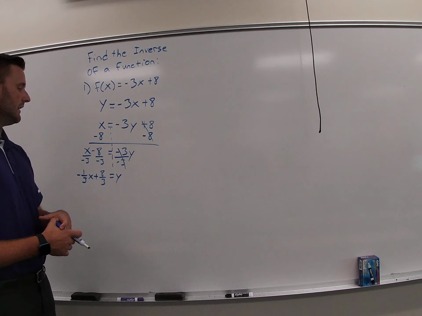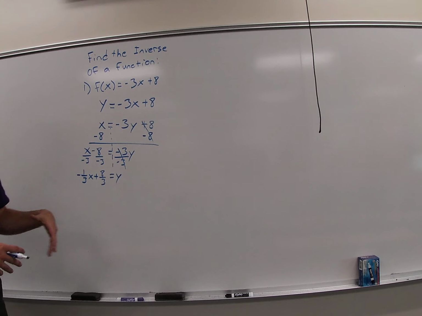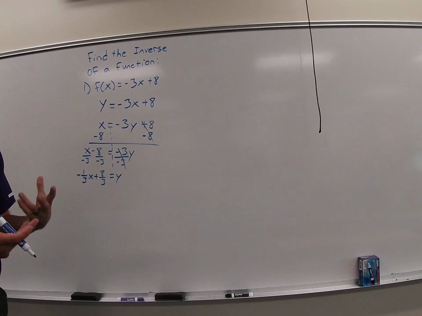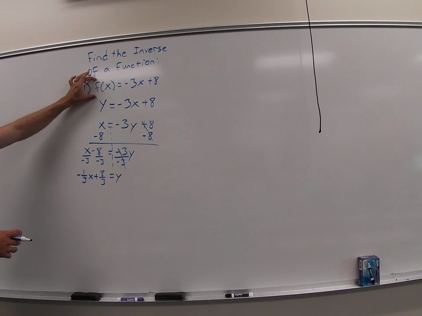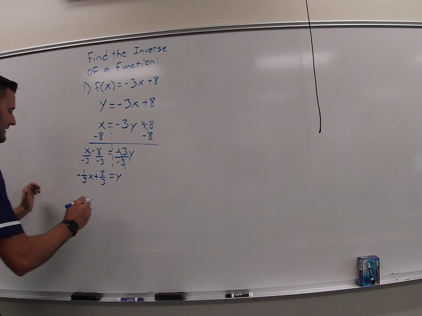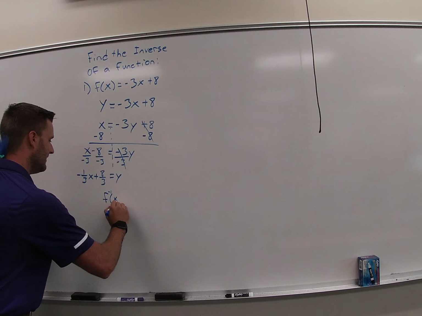But from here, how do I know the difference between my original and my inverse? So the notation that we're going to use looks like an exponent, but it isn't. It's called f inverse of x. So we're going to denote the difference between my original and the end result by writing f inverse of x.